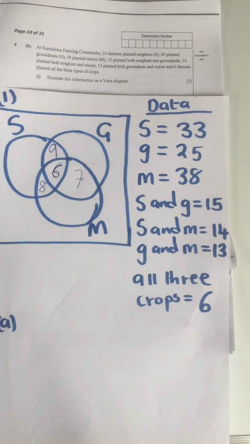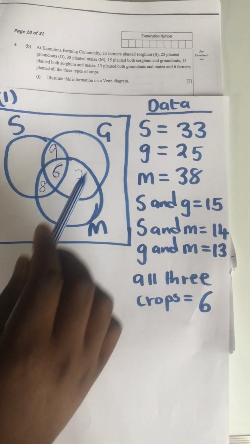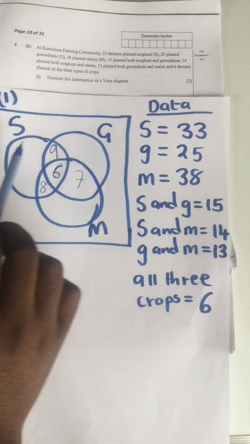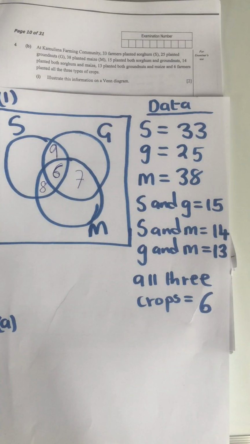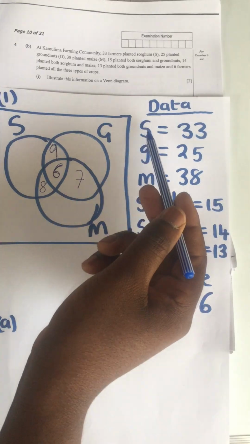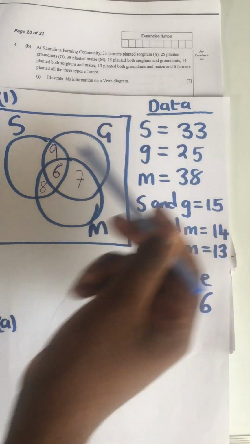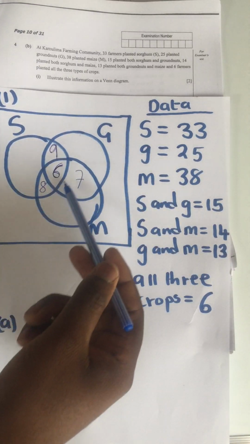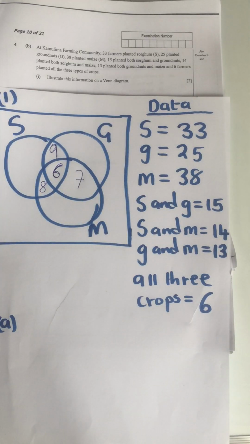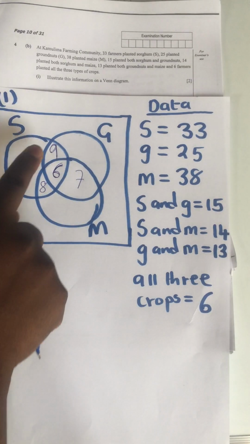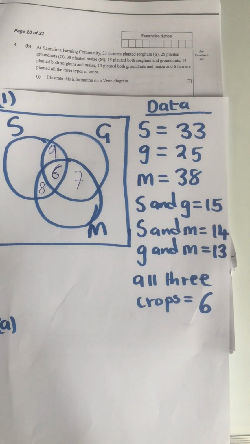Simple as this. The next thing you do, you have to find the people who planted just 1 crop. So here, what you do? You check. For sorghum, there were 33. So you add all the numbers in sorghum, which is 9 plus 6 plus what? 8. You have what? 23.